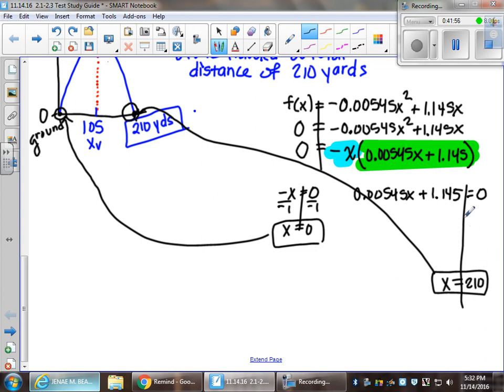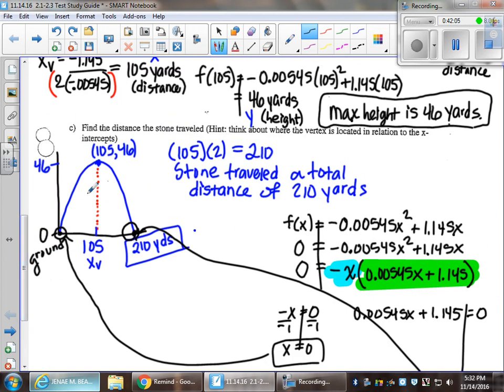Subtract 1.145 from both sides, divide by that awesomely huge decimal, and you will get 210. On the test, I would fully accept this reasoning. Show me the sketch so that you understand that the x value of the vertex is halfway, double it, and you have your answer. Or be algebra awesome and show me the algebra, your choice.